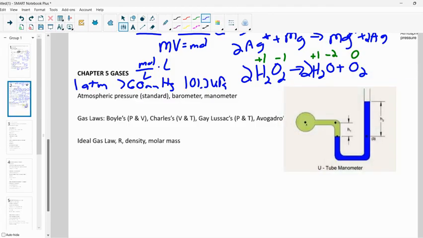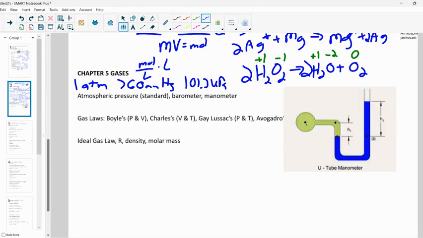All right. Our manometer here, we have a sample of gas. Is that sample of gas at a higher pressure or lower pressure than atmospheric pressure? Atmospheric pressure is pushing down on this one. This gas is pushing down on that side. Who's pushing harder?